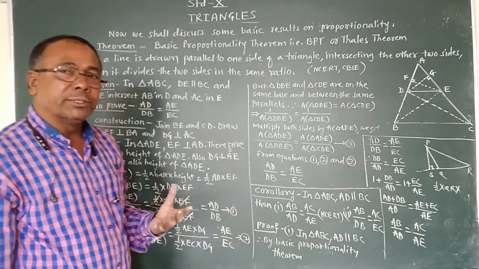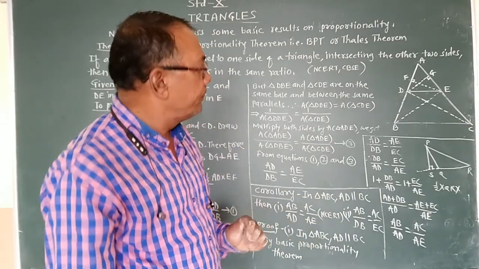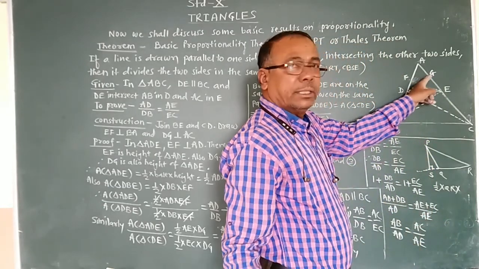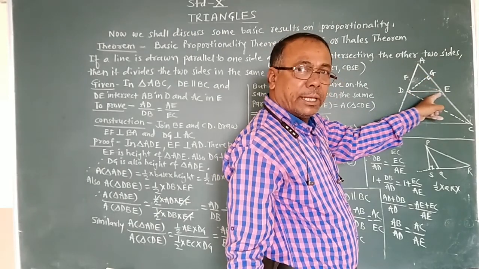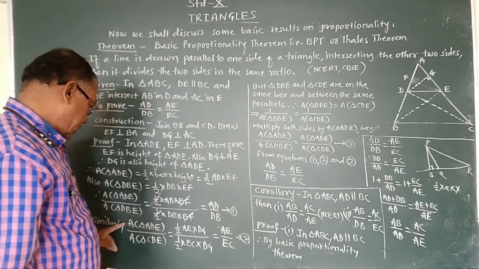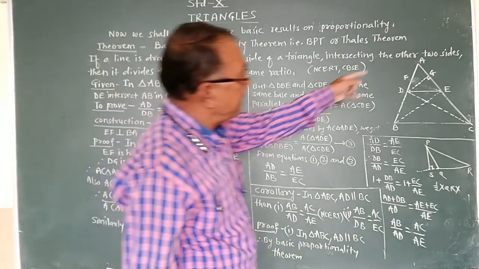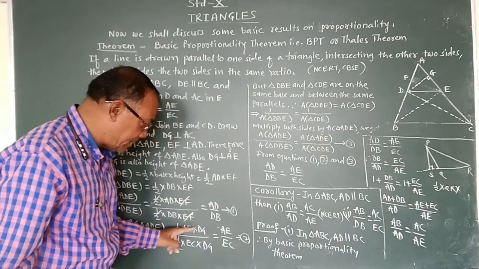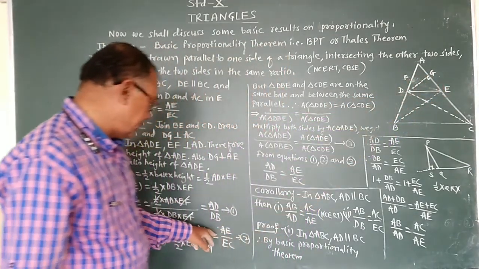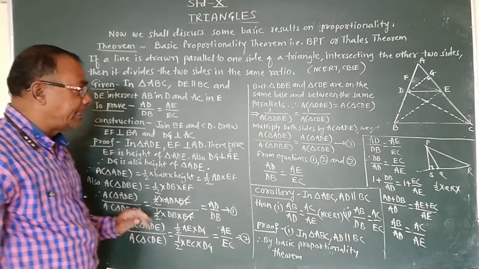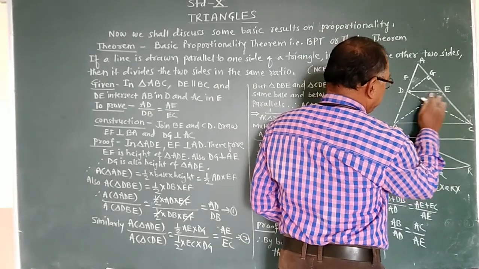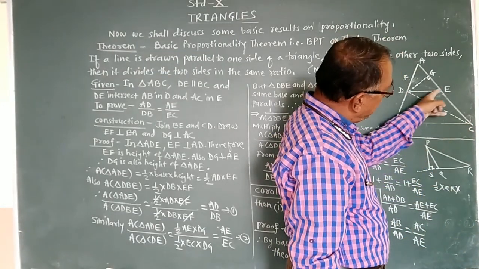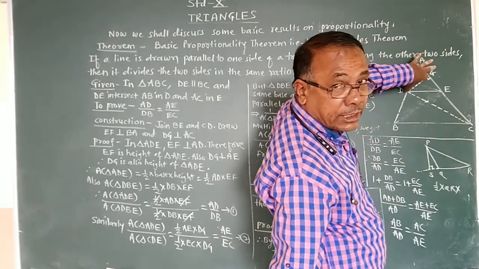And now we have to consider another position of the triangle, that is we have to consider now the height is BC, then base is AE, and therefore we have area triangle ADE is equal to 1/2 base AE into height DG, divided by, here if we consider triangle CDE, then base is EC and height is DG.